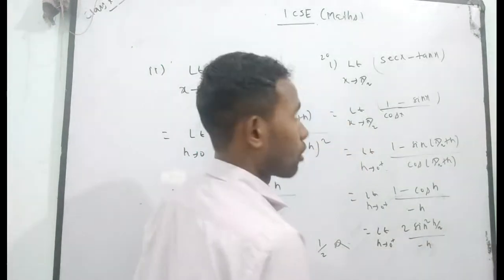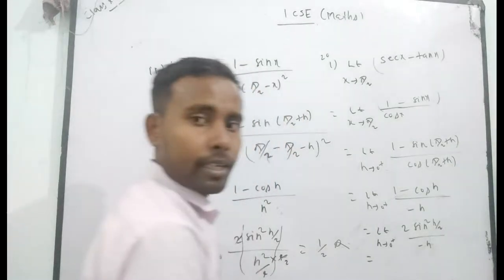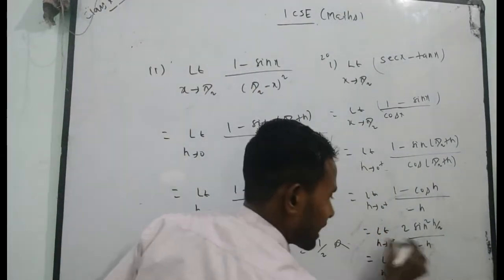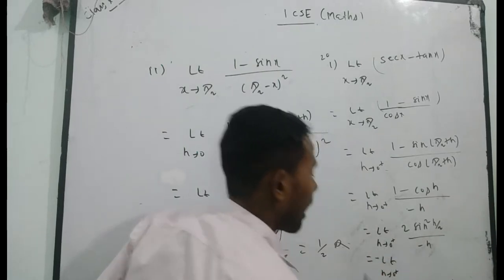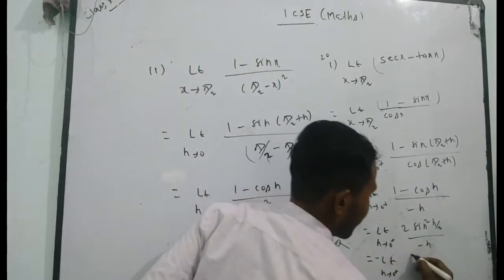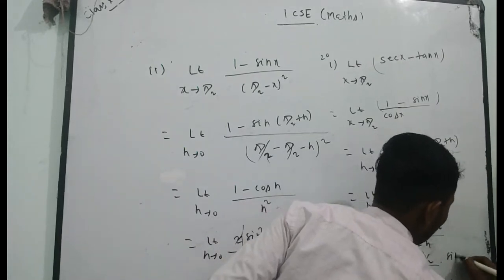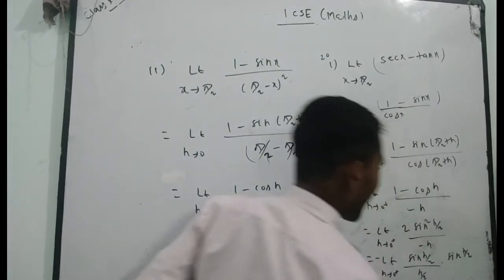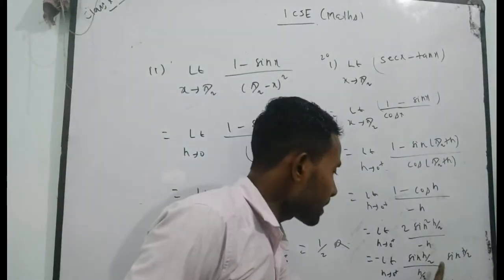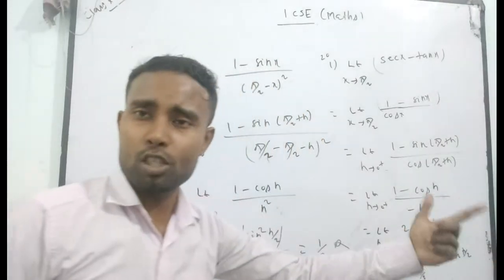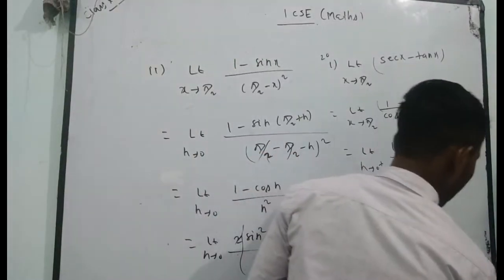After taking in the denominator, what do you get? Limit h tends to 0 from the right hand side. I want to take the negative out of this expression. You get sin h by 2 by h by 2 into sin h by 2. Can you write? Now the value of this expression will be 1, but due to this expression it becomes 0, so the final value will be 0.